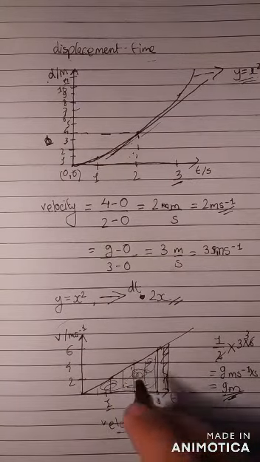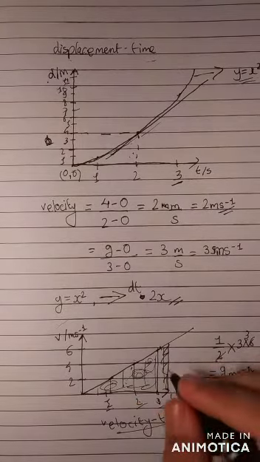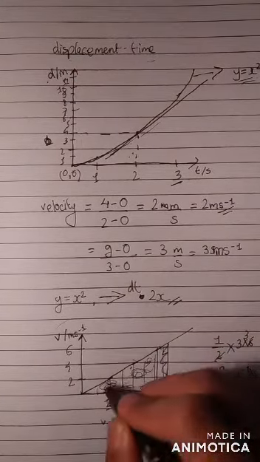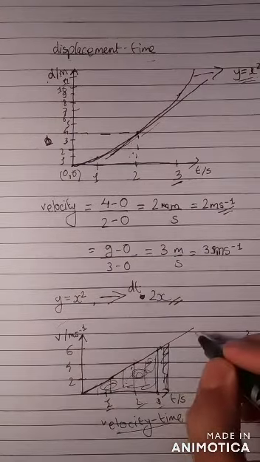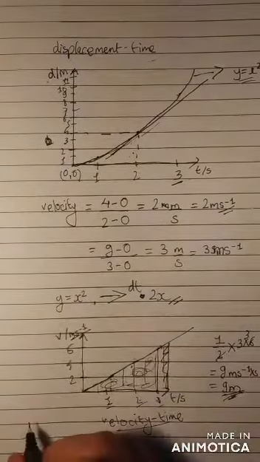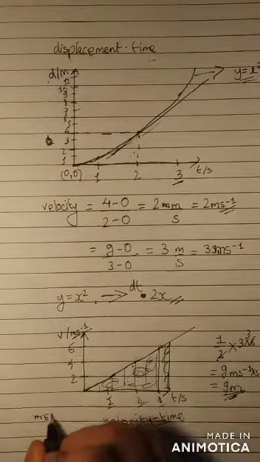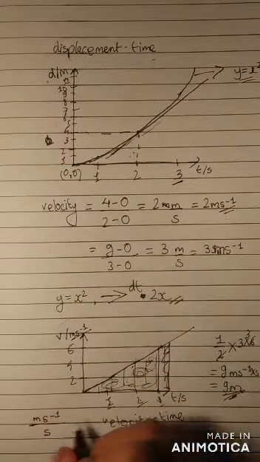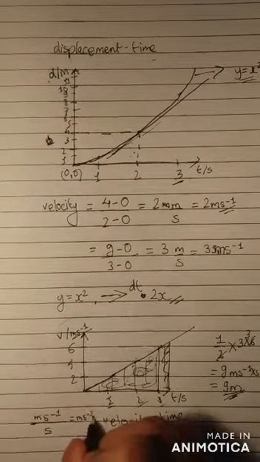Now what is the representation of the gradient of this graph? What would that represent? So the y axis has meter per second, the x axis has second, so it would be meter per second square.